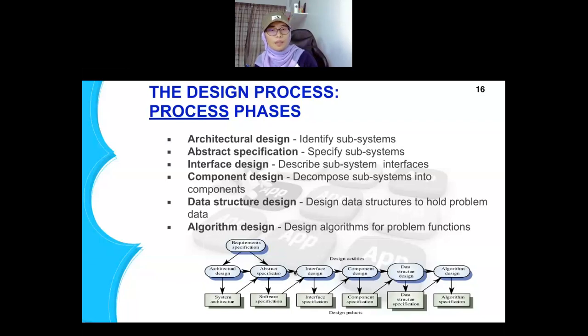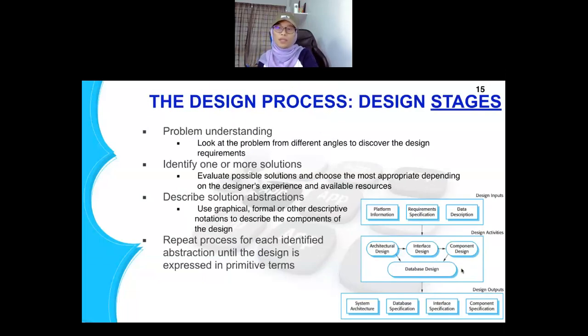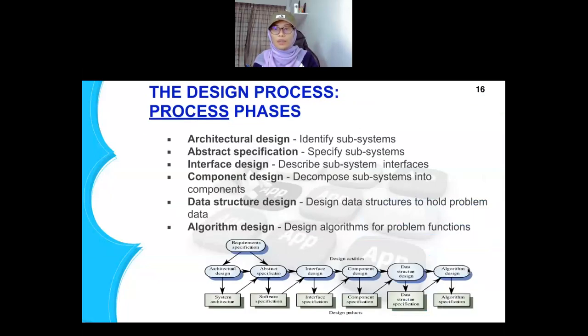see the architecture, abstract, interface, the six elements listed here, the six processes here are mentioning the design activity. That's why it's similar with this one, design activity. So it's easy for you to understand in these three levels: design input, design activity, and design output.